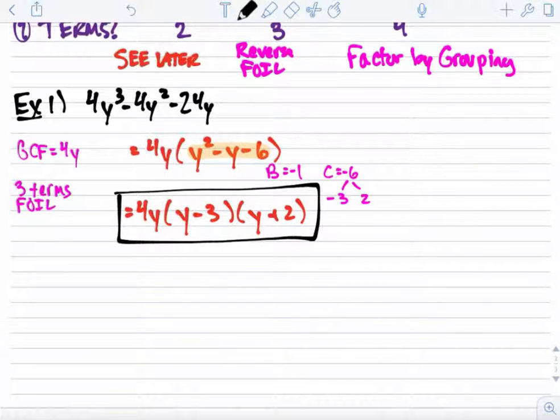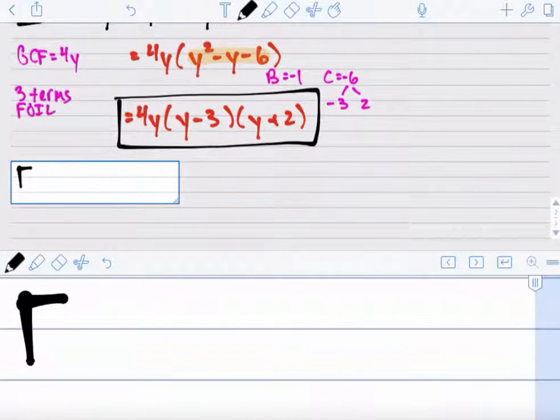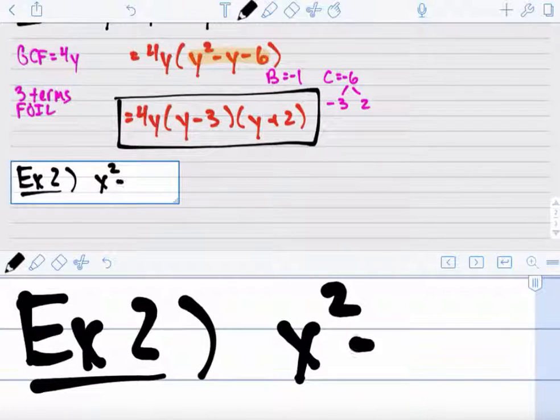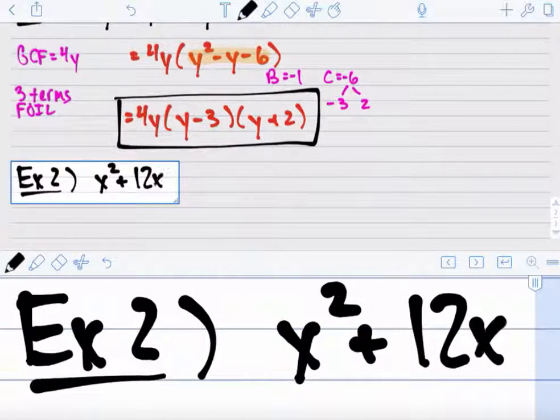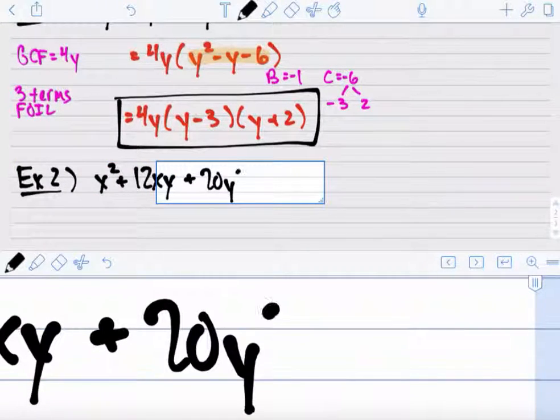Let's look at another one. On the next one, it's x squared plus 12xy plus 20y squared.